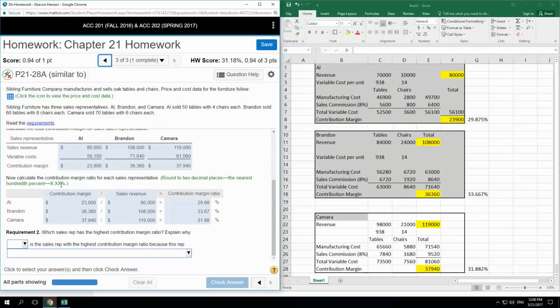Okay. So you can see that, right? What this tells you, in a real summarized way, is that for every sales dollar that Al has, he's getting roughly 29.88 cents after the variable cost.